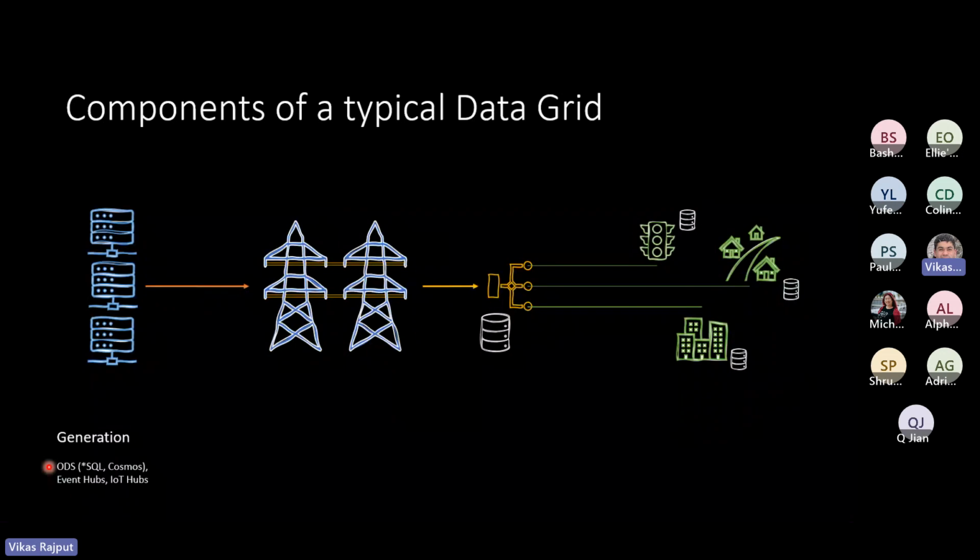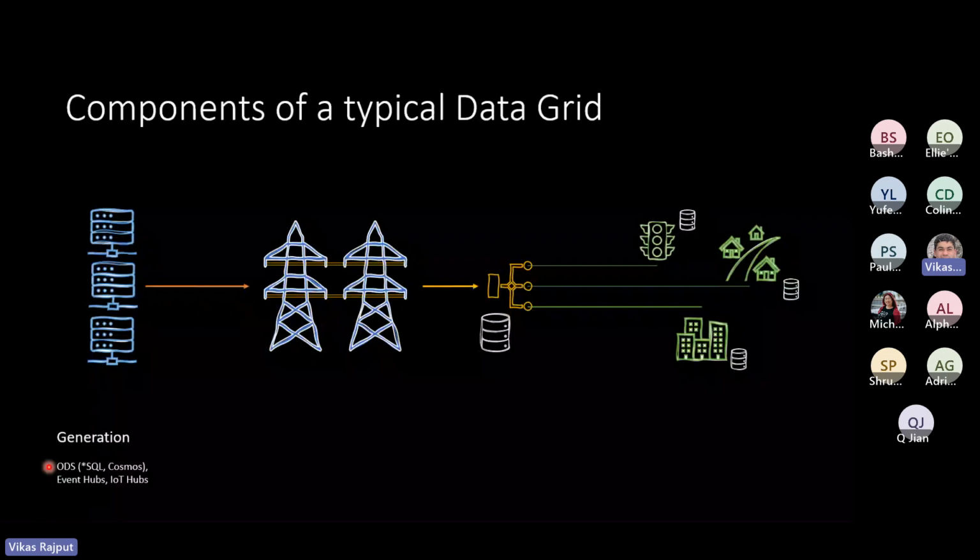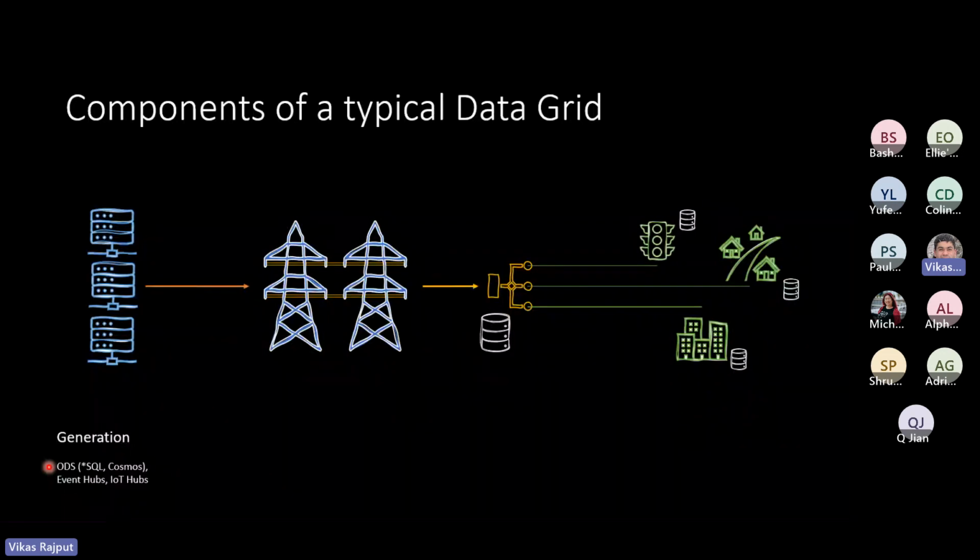IoT Hubs are obviously for IoT devices. Devices can come and go. They can exchange their messages, their alerts, their data points, whatever telemetry they're capturing, and keep registering that onto IoT Hubs. But the key generalized pattern in that case is that this is generation of data, right?